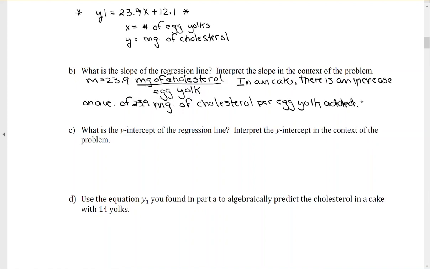So what is the y-intercept of the regression line? Well, that would be our 12.1. That's our b. And usually when we think about the y-intercept, we think about that as being an initial amount, or our starting point.